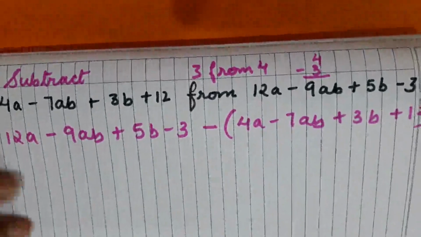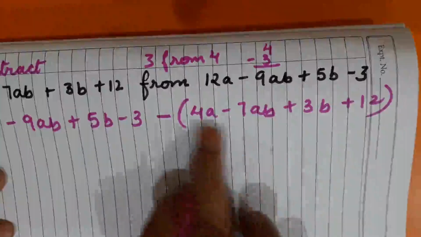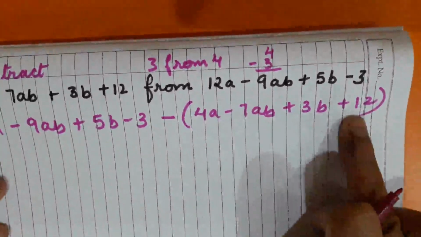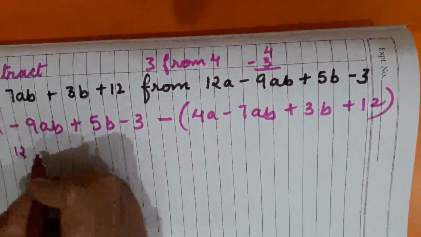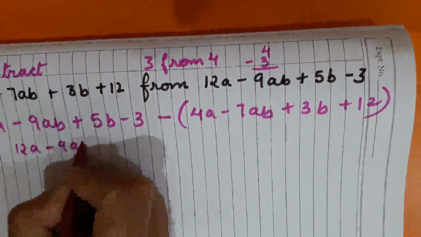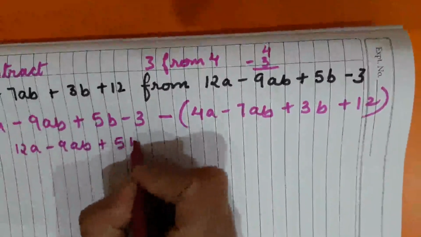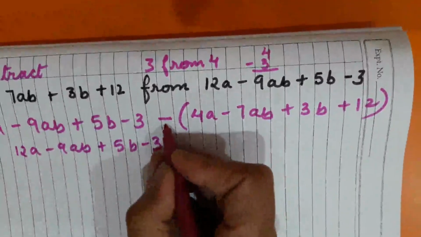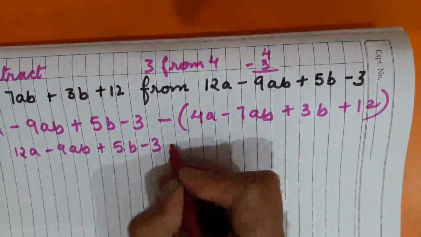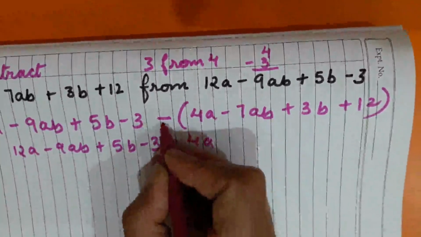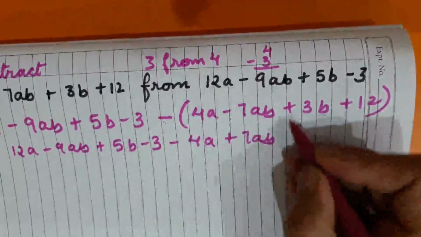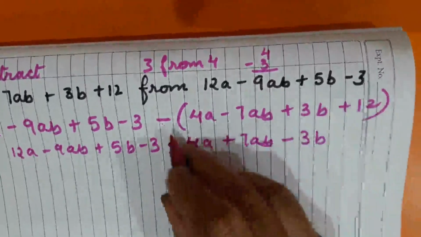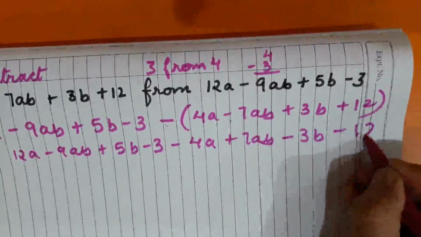Okay, now when we open the bracket, the sign of the rightmost side will change. So 12a minus 9ab plus 5b minus 3. Now this minus goes inside. 4a is positive, you will write minus 4a, minus minus plus 7ab, minus plus minus 3b, minus 12.